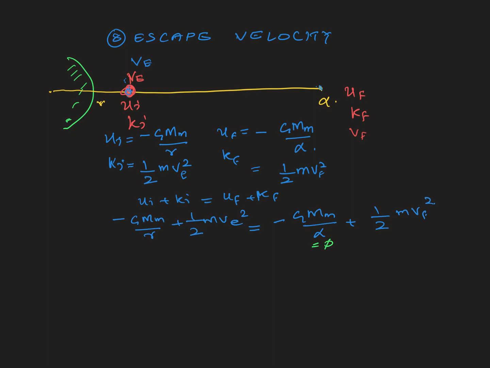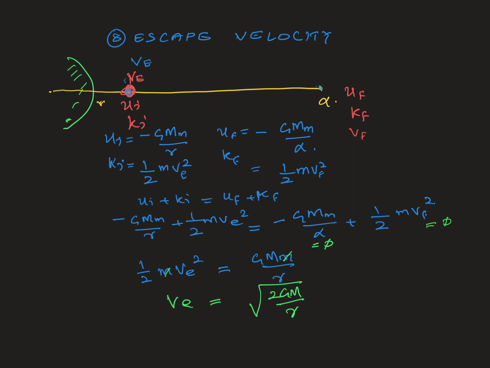And vf is 0, because all the kinetic energy has been used to provide the potential energy that's needed to bring the object to infinity. So we can write that half m ve squared is equal to GMm over r. So m and m will cancel each other. So we get ve is equal to the square root of 2GM over r.